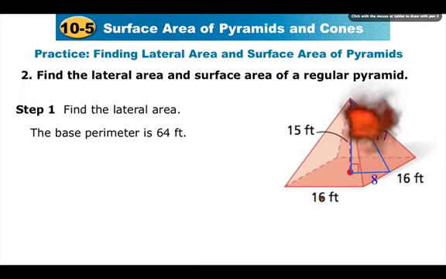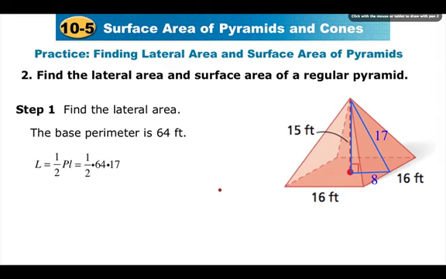Then here's the slant height. If you draw a right triangle here, you know that this is 15, this is 8 because it's half of 16, and you're able to find the hypotenuse using the Pythagorean theorem, and that is your slant height. Now that you know your slant height, find the lateral area, simplify, 544.